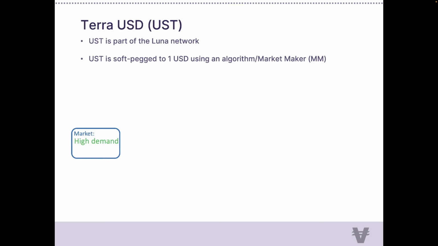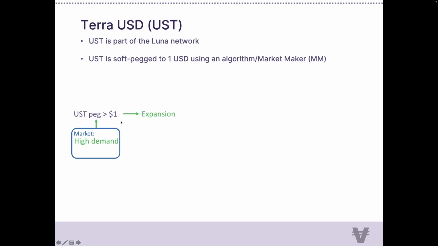That could be a reason why people want to have some more USD. So what happens if a lot of people want to buy USD is that the peg will be greater than $1, depending on how high demand is, how big this increase will be.